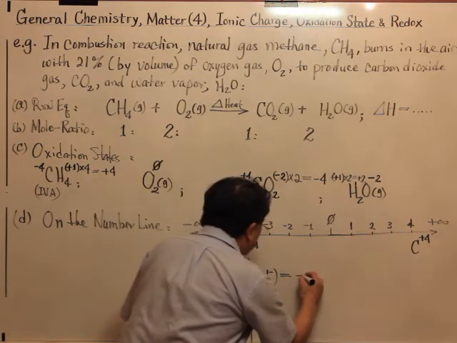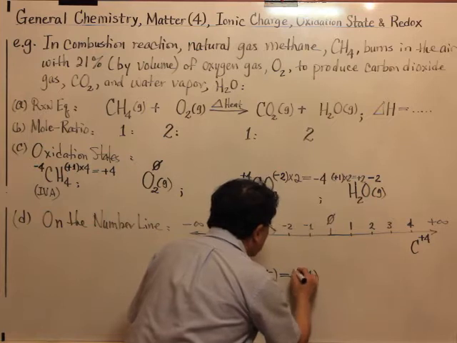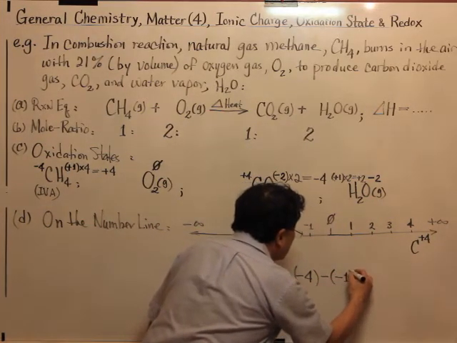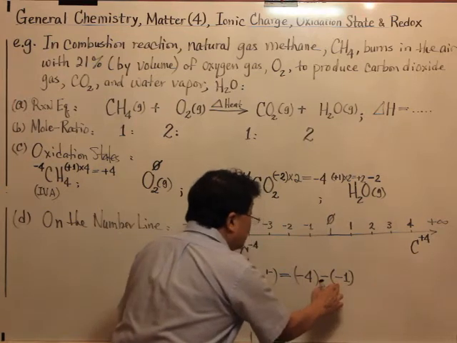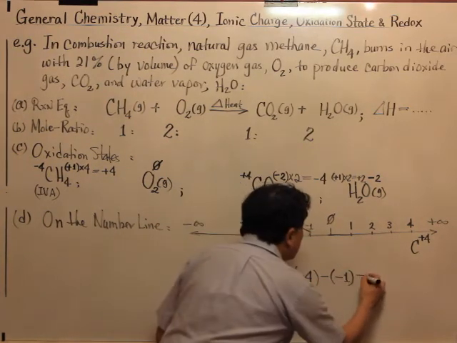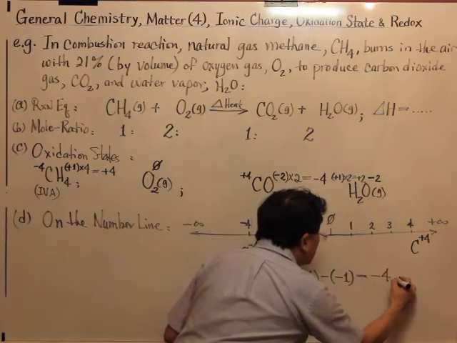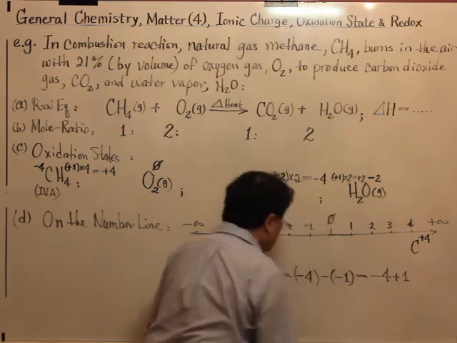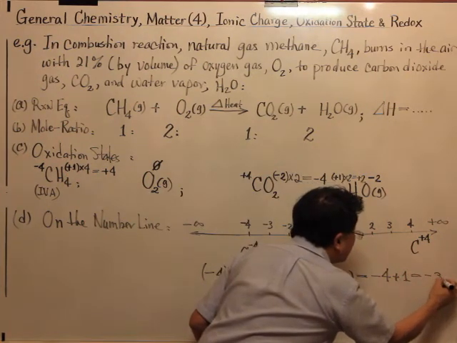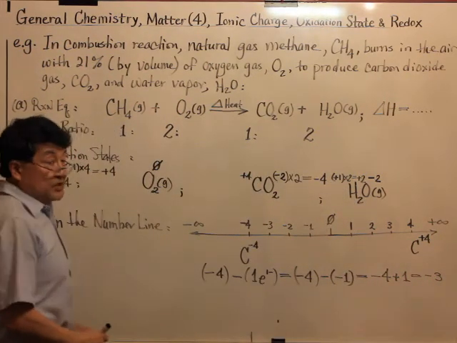So keep on going. -4, right? Subtract the -1 charge electron. Double negative, right? Negative becomes positive. So it becomes -4 plus 1, correct? Then that gives you -3. Understood?